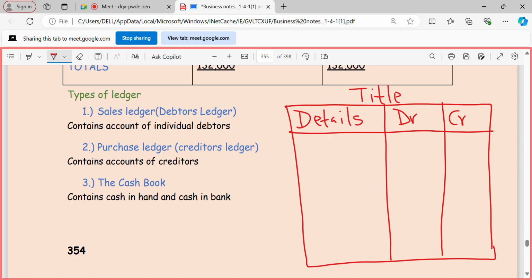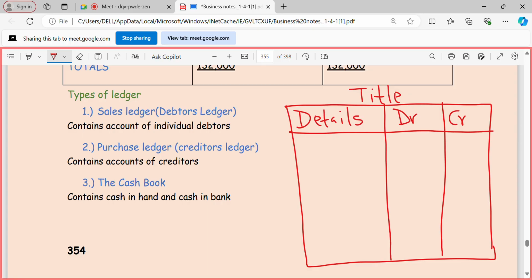At the upper part here, you're going to have the title. Before that, you need to put it in that. So let's make it that way. Then you have the upper part.